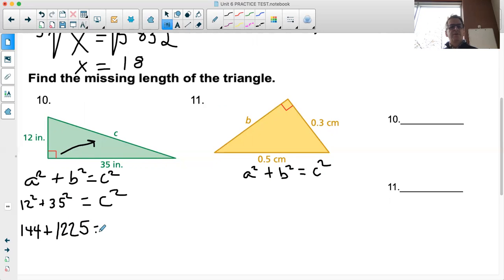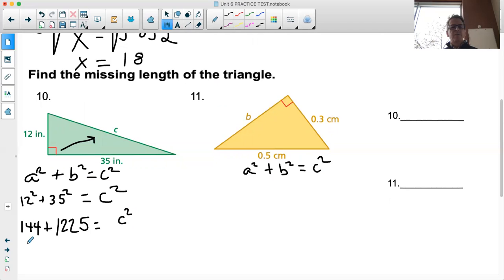And that will equal the hypotenuse c squared. Now, if I add 1,225 plus 144, that brings me to 1,369, which is equal to the hypotenuse squared, c squared.